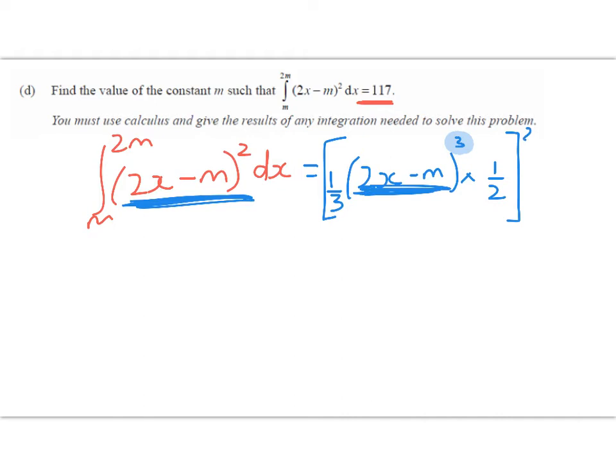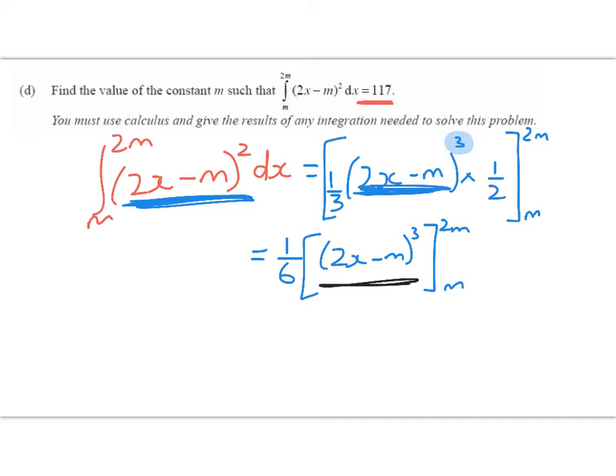And my limits are 2m and m. I'm going to take the constant out the front, so we'll have 1/6 times 2x minus m cubed, evaluated at those limits. Now you can just check that when you differentiate this expression here, that you need the pre-multiplier of 1/6, if you're not feeling too confident about that.